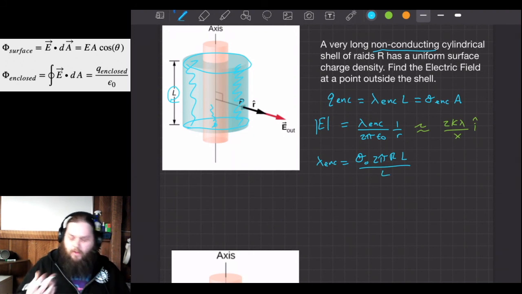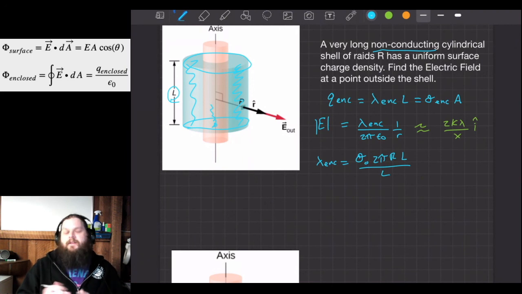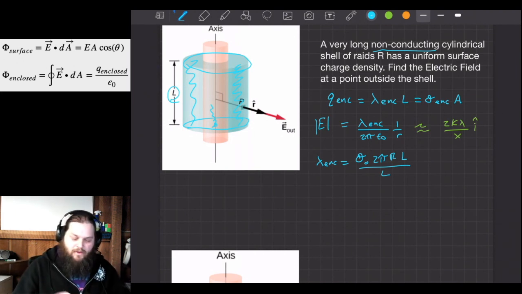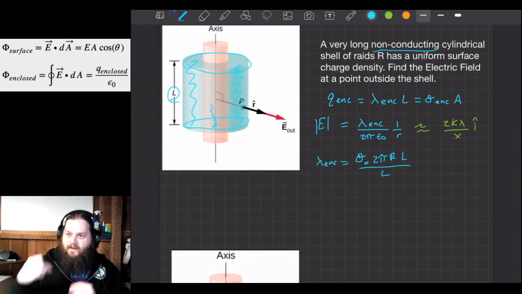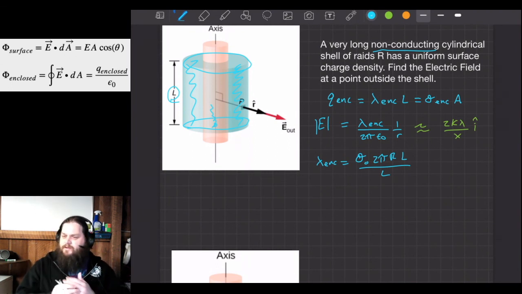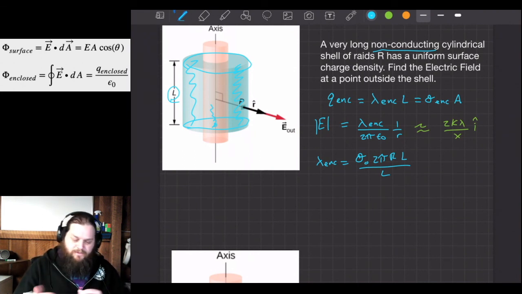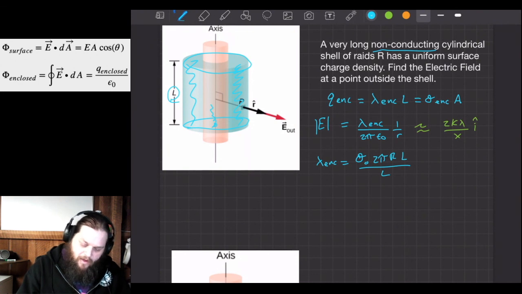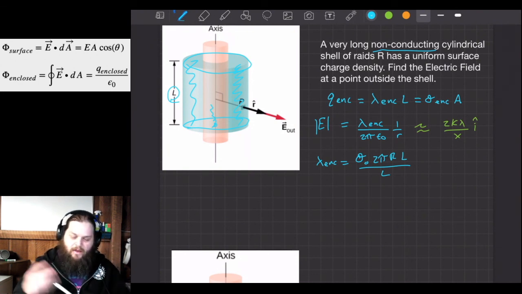So remember, normally lambda is going to be the charge density of a line, and that charge density is the charge divided by the length, right? Charge per length of the wire or the line you're going through. In this case, our charge is really on a surface, so we switch to sigma, which is usually the charge divided by the area. Well, in this case, sigma 2 pi r is going to equal the charge.